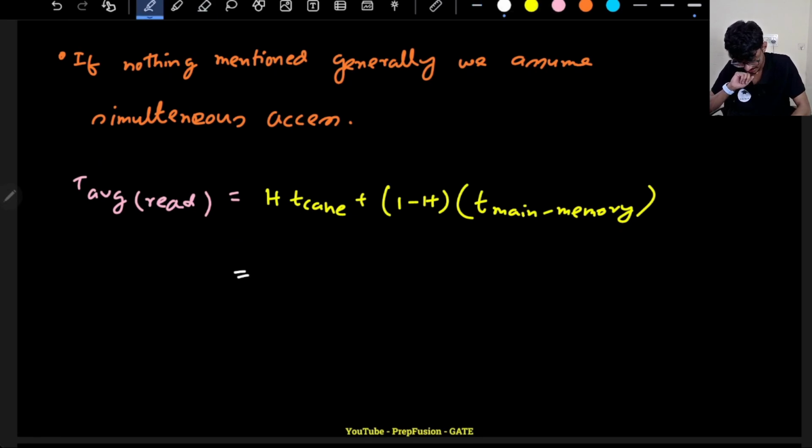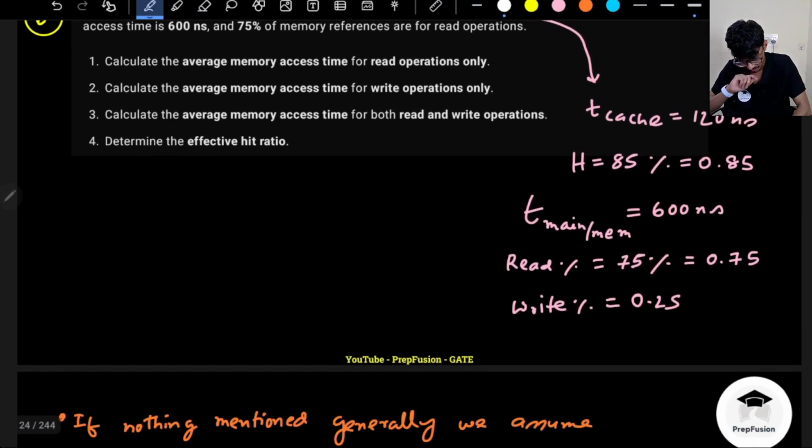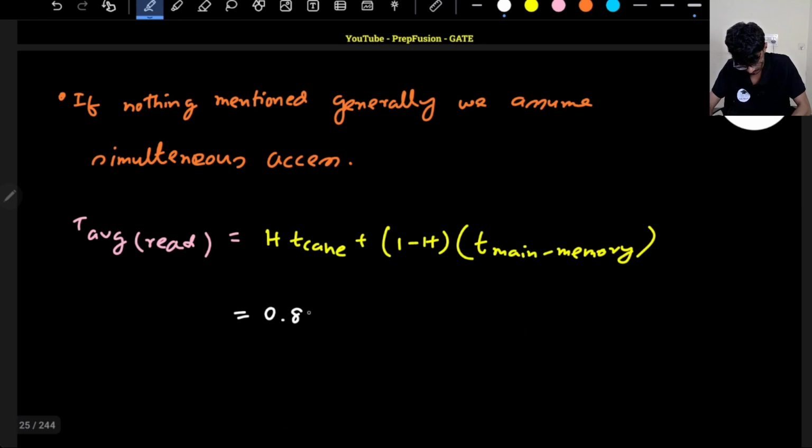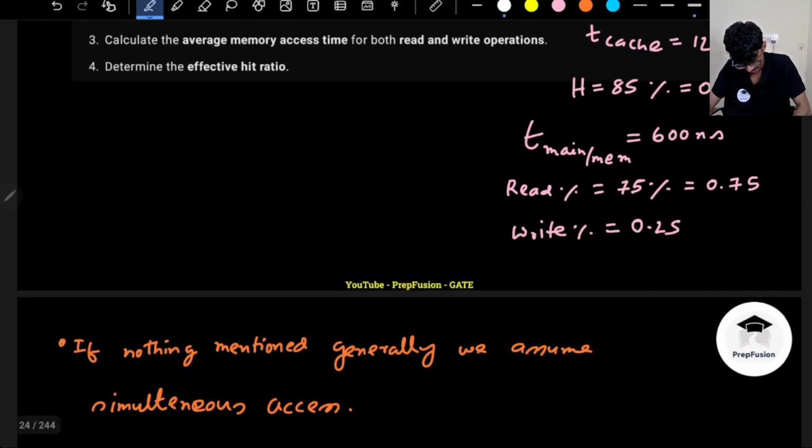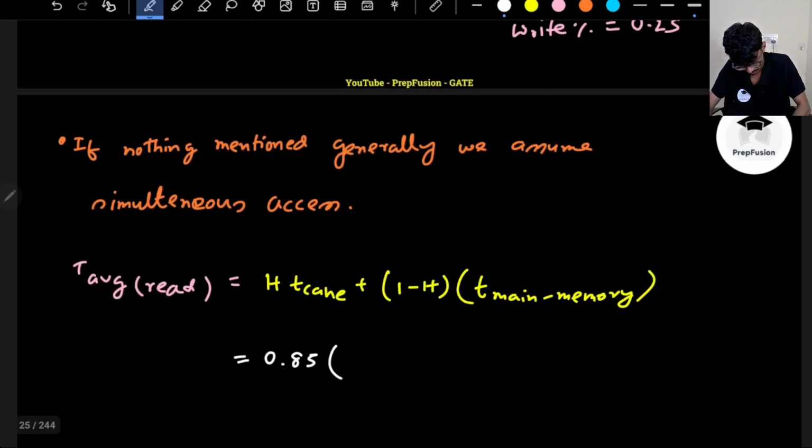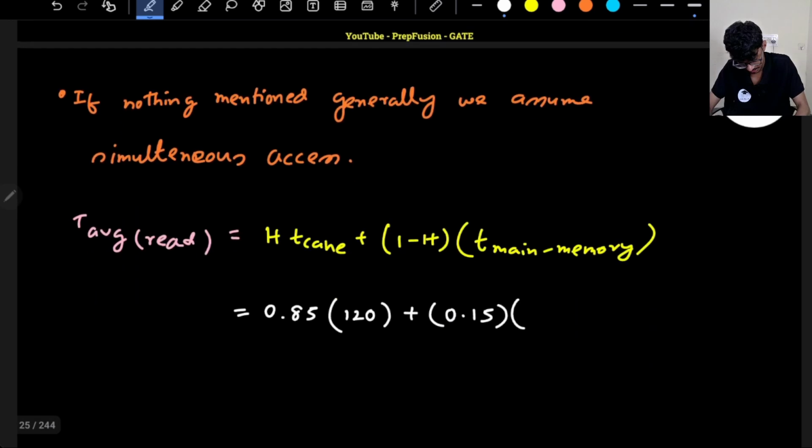So this will be equal to what? H is the hit ratio. Hit ratio is 0.85 into T cache. T cache is 120 nanoseconds, plus 0.15 into T main memory. T main memory is 600 nanoseconds. So this will be 0.85 into 120 plus 0.15 into 600.